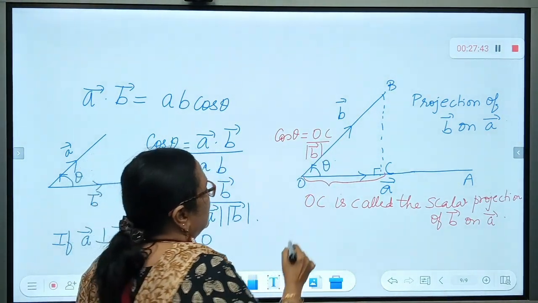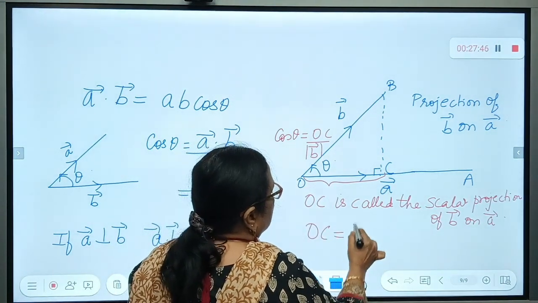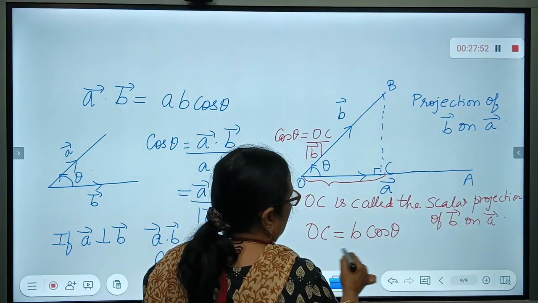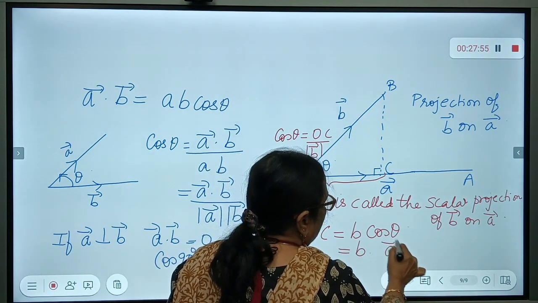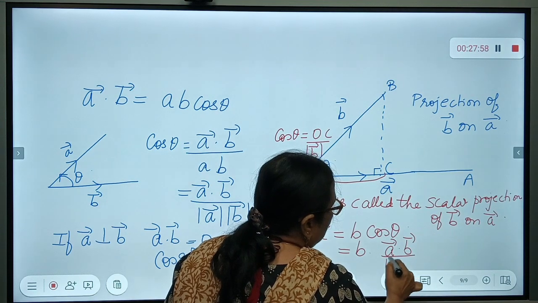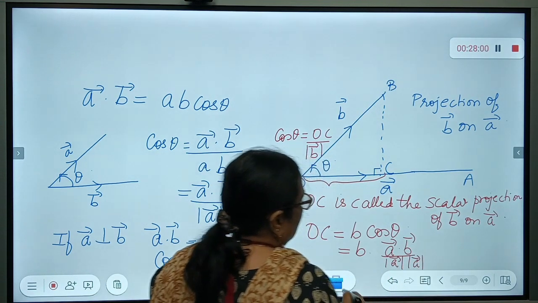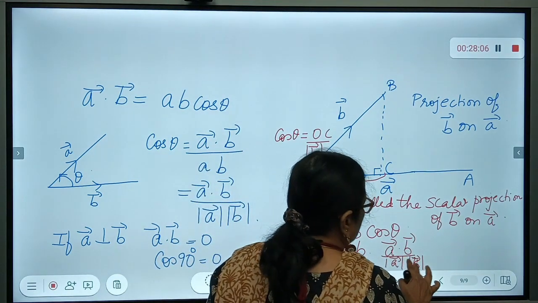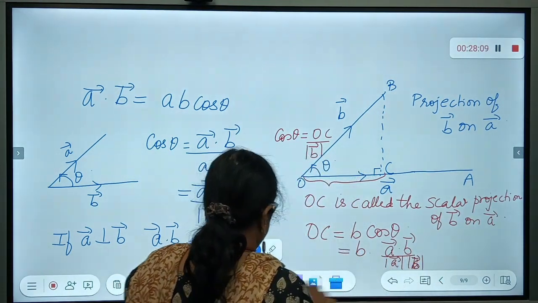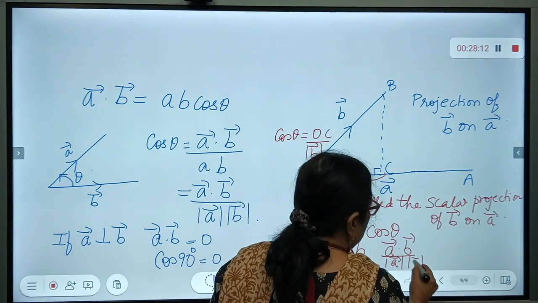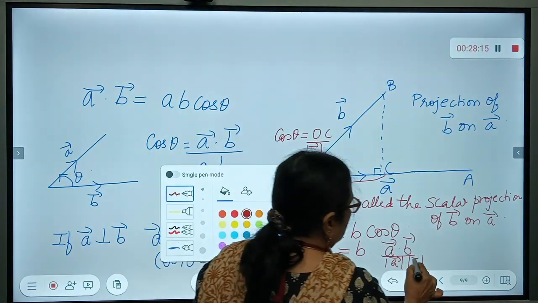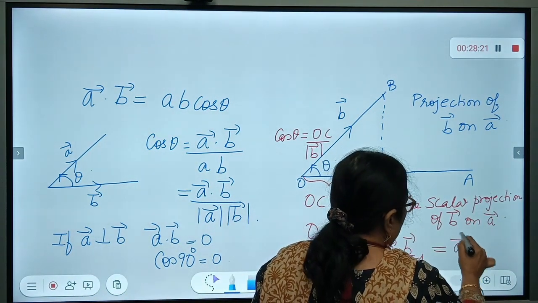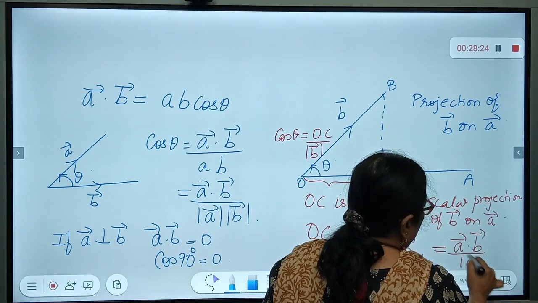So OC is B cos theta. But what is cos theta? By definition, A dot B by modulus of A into modulus of B. Now B gets cancelled, giving you A dot B by modulus of A vector.